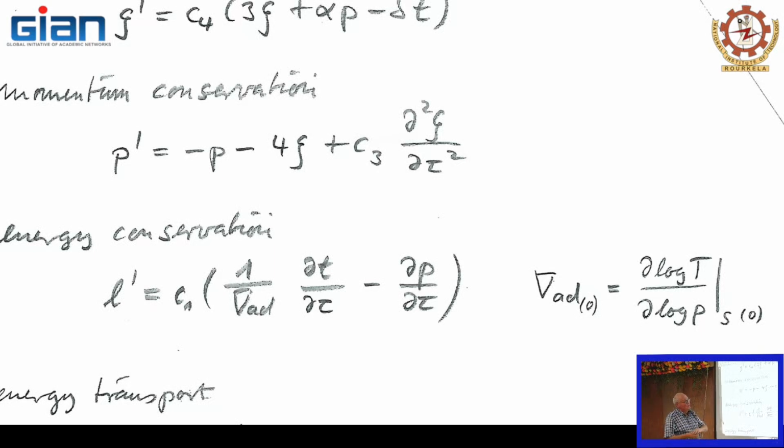So what we need to require in order to exclude the irregular solutions and keep the regular ones is that at the center of the star, the right-hand side, or the bracketed terms, has to be 0. So only by the boundary condition 3 zeta plus alpha p minus delta t at the center can we guarantee that our solutions remain finite and physically interpretable.